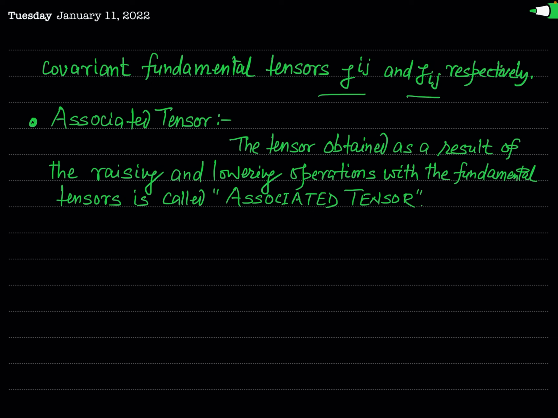So in a nutshell, you can define the associated tensor in this manner, as I have written here for your convenience: the tensor obtained as a result of the raising and lowering operation with fundamental tensors is called an associated tensor. This operation is performed by taking the inner multiplication of the fundamental tensors G super Ij and G sub Ij with the given tensor. Now we will explain all of these facts quantitatively by calculation.